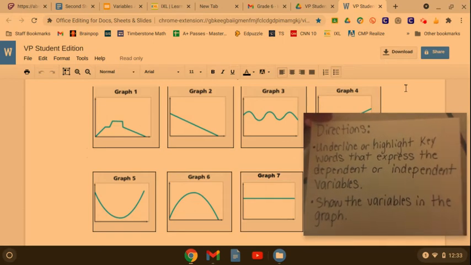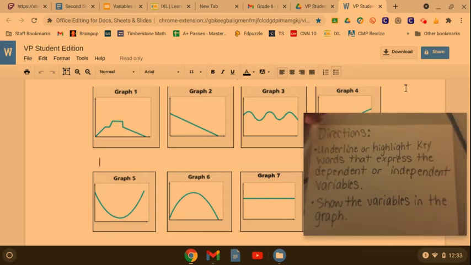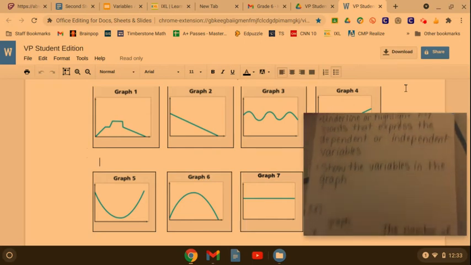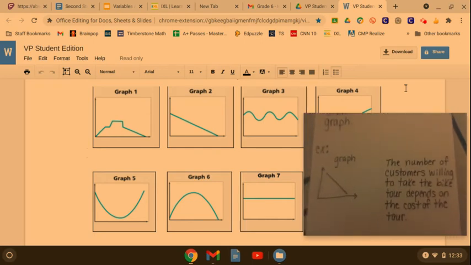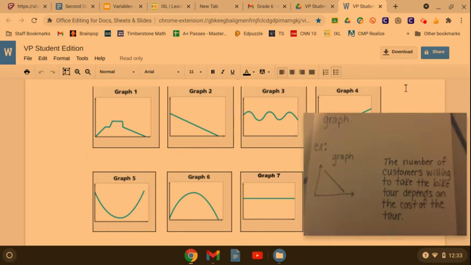And the second part of the directions is, I would like you to show those variables in the graph. So I'm going to give you a couple examples of what I'm looking for. In what we worked on yesterday, I have written down the number of customers willing to take the bike tour depends on the cost of the tour.